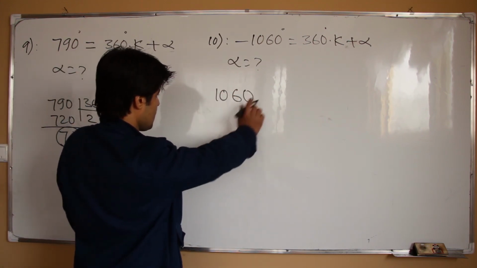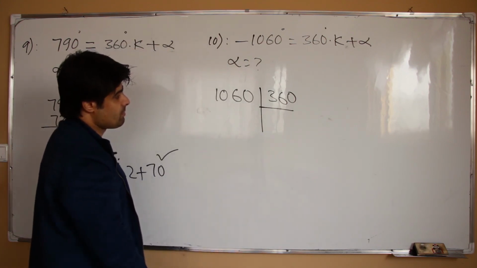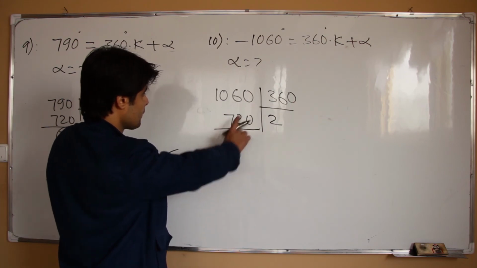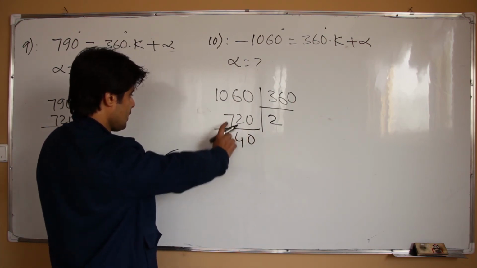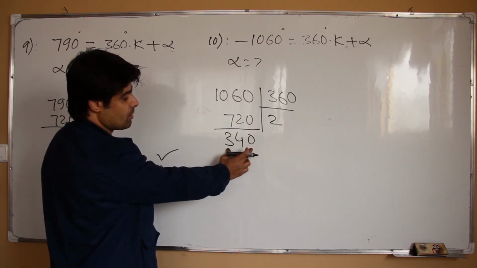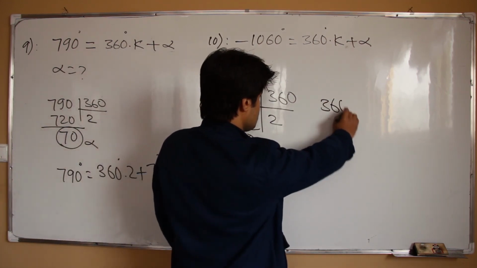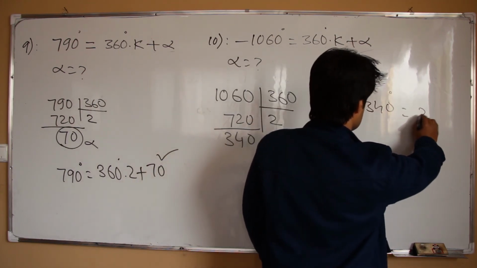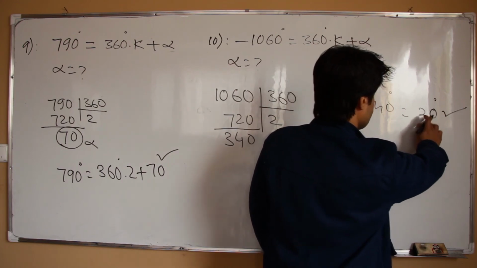Suppose 1060 is positive, divided by 360. How many times? 2 times. It would be 720. 1060 minus 720 is 340. Now this 340 should be subtracted from 360. 360 minus 340 would be 20. This is your alpha.